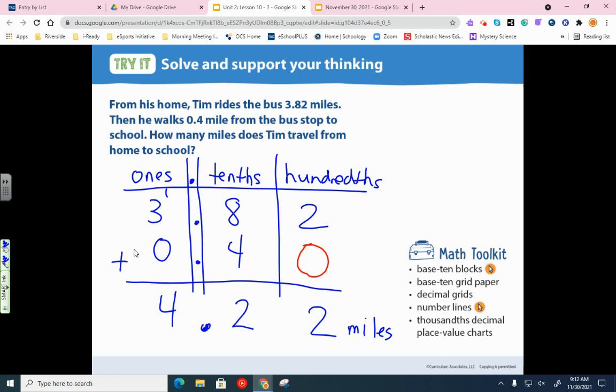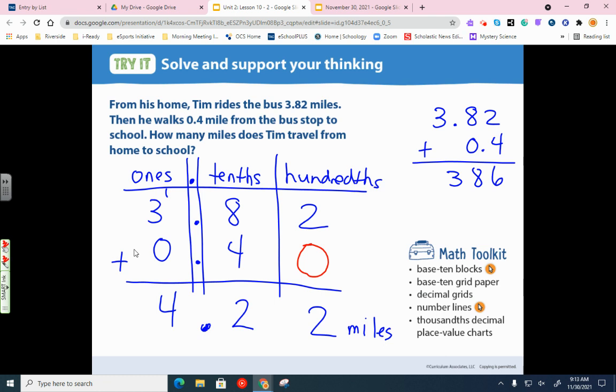For example, you've got some space there down below. Let's see what happens if we had 3 and 82 hundredths, but then we just lined up 0.4 like this. So right away, let's just add our numbers. So we've got 6, we've got 8, we've got 3.